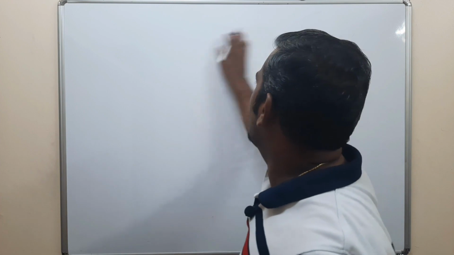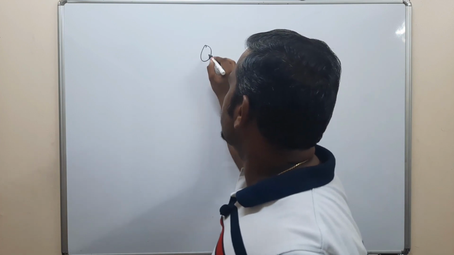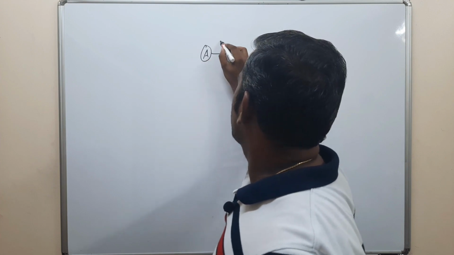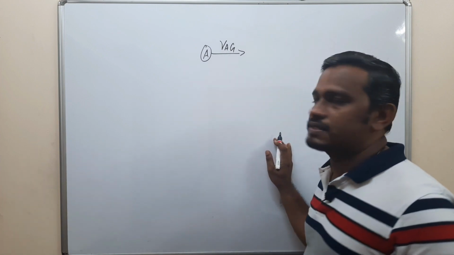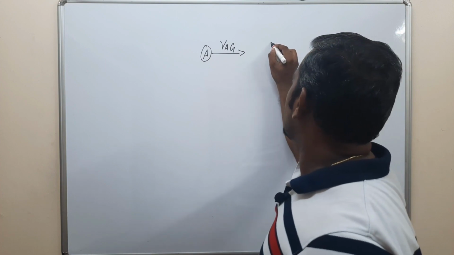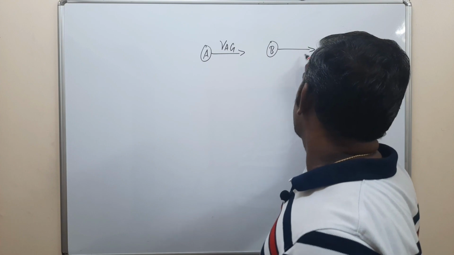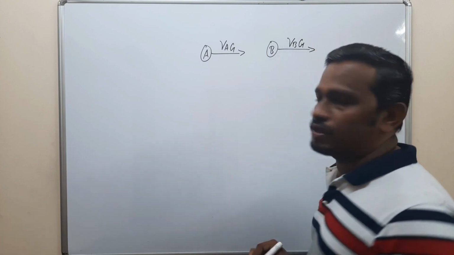Suppose A is an object which is moving with the velocity Vag, that is, velocity of A with respect to ground, and B is an object which is moving with the velocity Vbg with respect to ground.